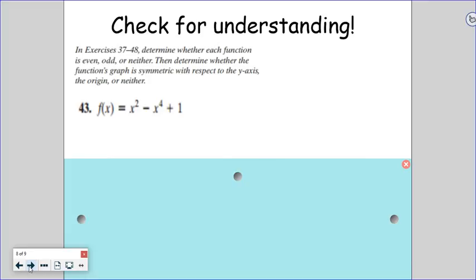If you are unsure of that shortcut, you are comparing f of negative x to f of x. Remember, two answers on this one. Symmetry is your second answer, even or odd, and then what symmetry it has if you say even or odd. Now, if you don't say the word even or odd, you're going to say none for symmetry, right?